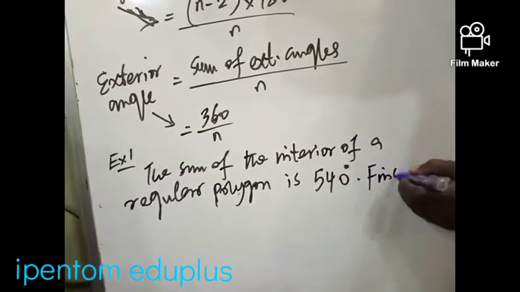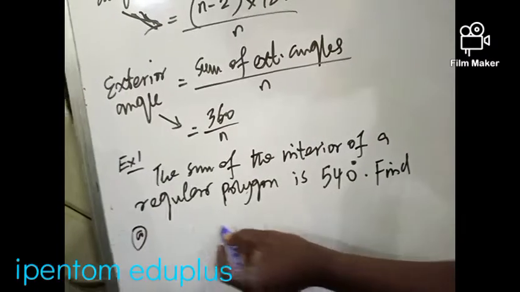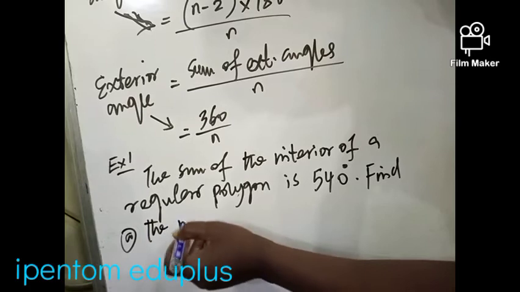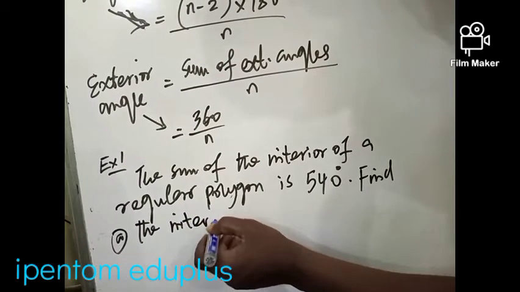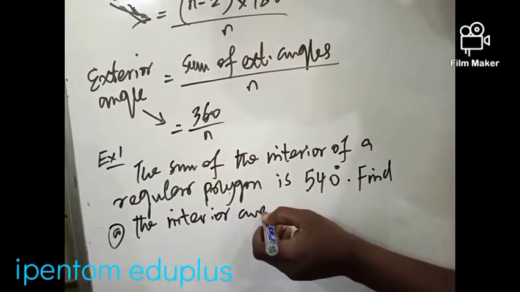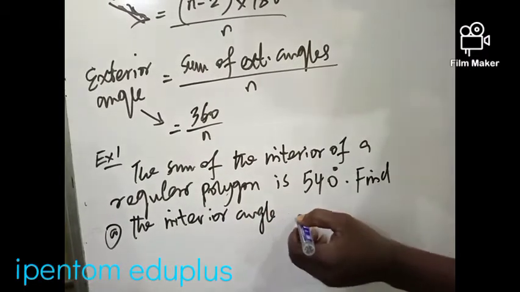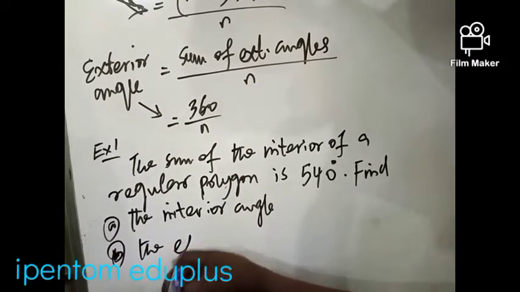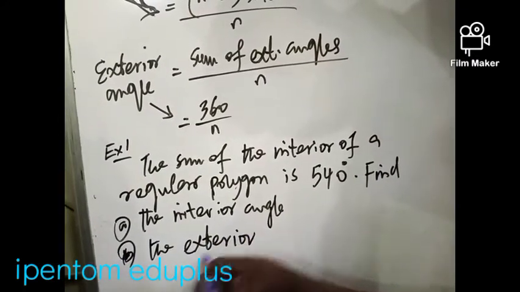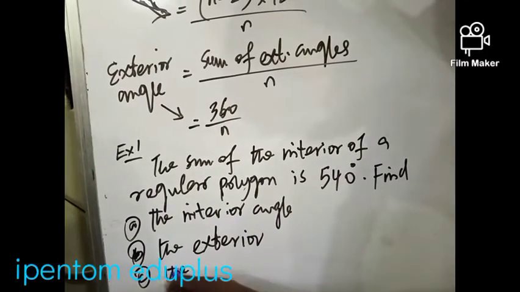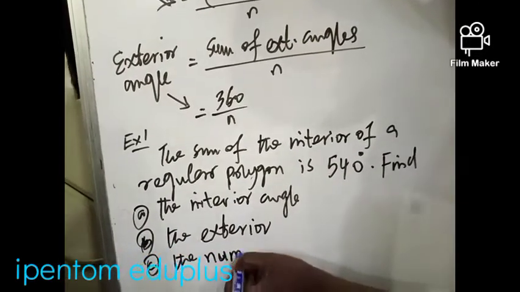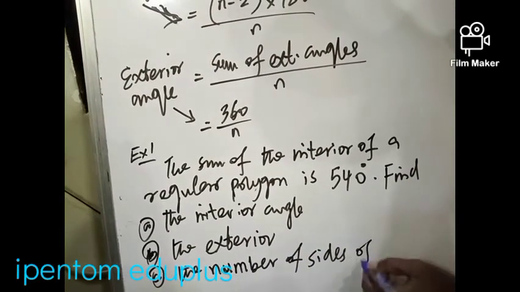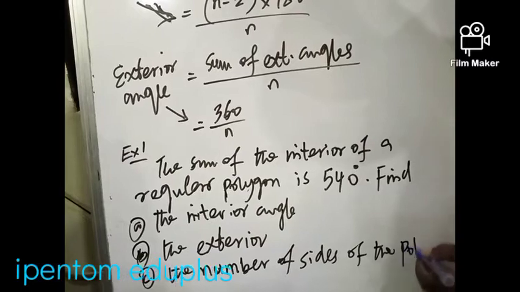Find A, the interior angle, B, the exterior angle, C, the number of sides of the polygon.